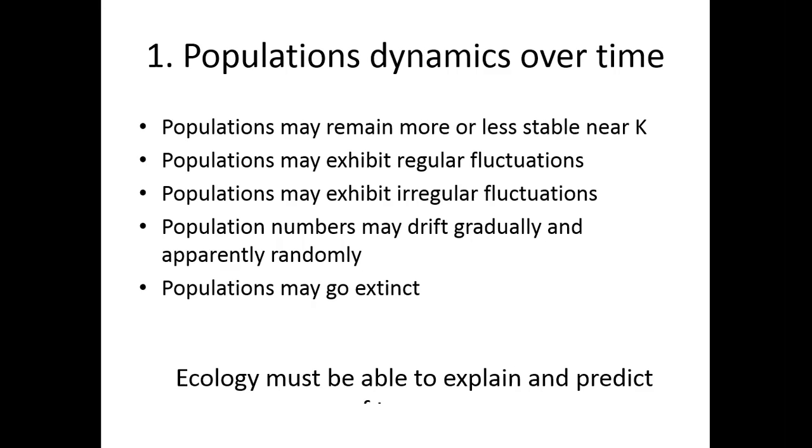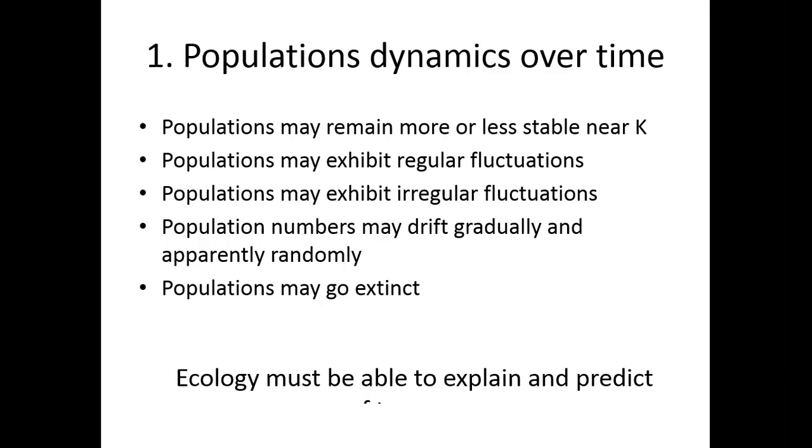It's at 0 at K, or 1 if it's geometric, but it then increases and they go back to K. So they're more or less stable. Okay, and that is typical of species that are large, have long lifespans.